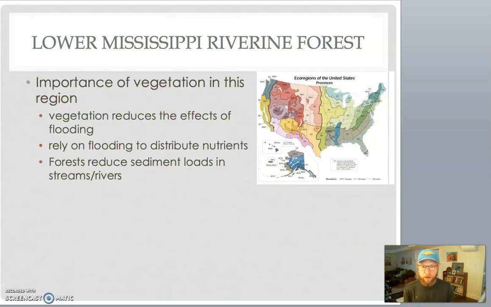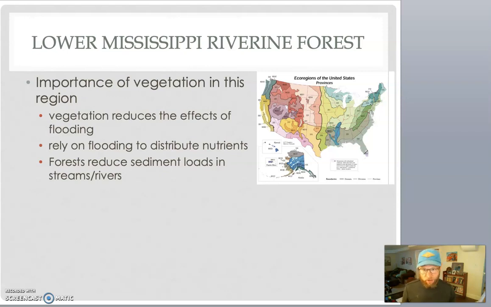The reason I talked about this ecoregion is because of its importance to the health of the Mississippi River, as well as the Gulf Coast, or the Gulf in general. These forests, comprised of the oak gum cypress, the elm ash cottonwood, and the oak hickory, are really important in mitigating the effects of flooding.